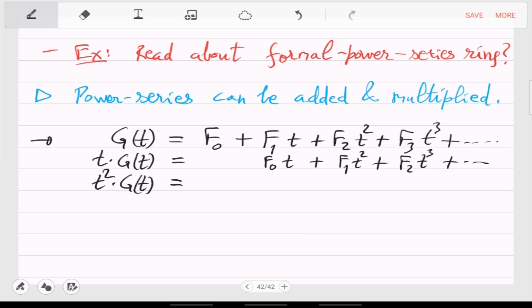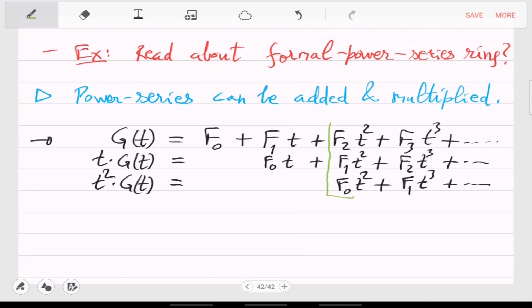That will send F0 here. Each of these things are again formal power series because we have just multiplied by a monomial, in fact t or t square, and now you can add them up with any numbers you want.